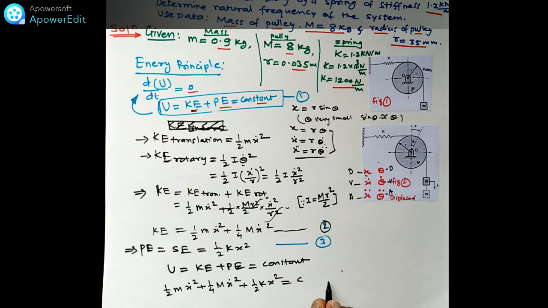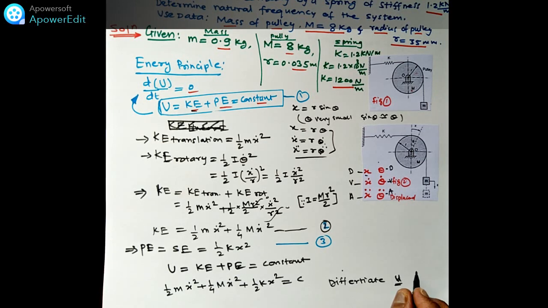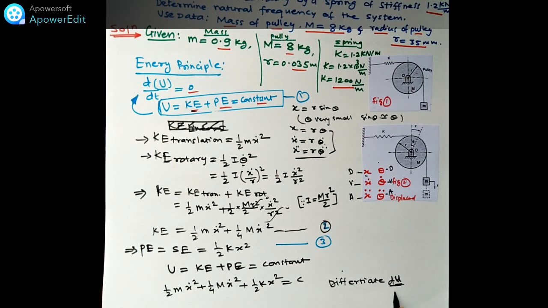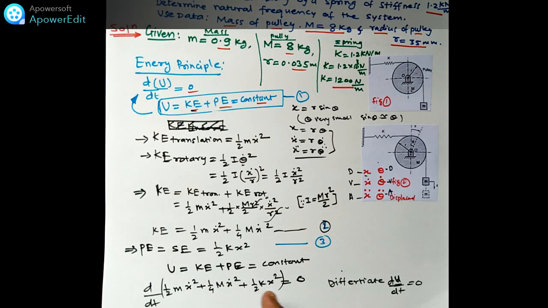Now what are we to do? Differentiate this total energy U with respect to time, dU by dt, so that will become 0. So differentiating this equation, I will write here itself, d by dt. This equation is differentiated now.